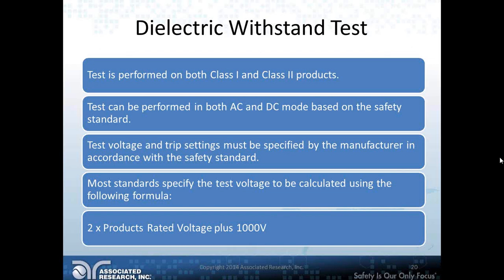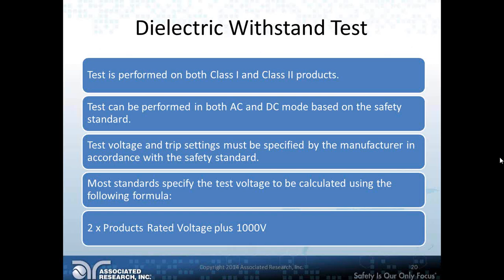The insulation resistance test is also sometimes called out by the safety agencies to be performed subsequent to the high pot test, to ensure that the product insulation is still intact after going through a series of high voltage tests.